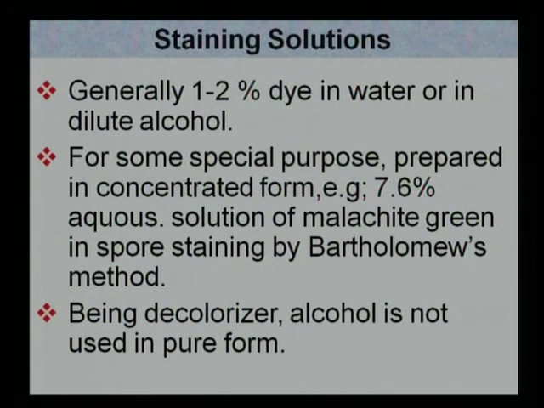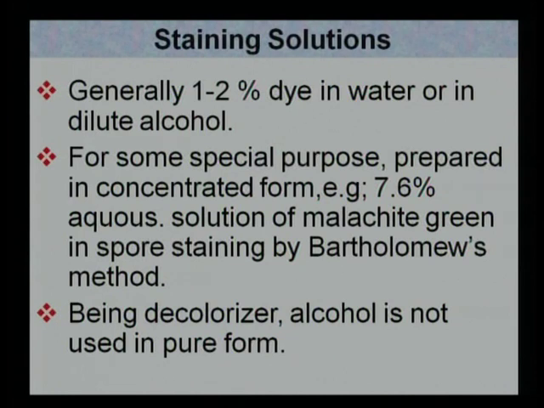However, in certain conditions, the procedure requires using a concentration which is at least 4 or 5 times higher than the normal concentration. For example, in spore staining, spore is a very resistant structure and dyes do not easily penetrate inside the cells. So under those conditions, by a technique known as Bartholomew and Mitwer's method, the concentration of malachite green is increased to 7.6%, and even the time period is increased to around 10 to 20 minutes.